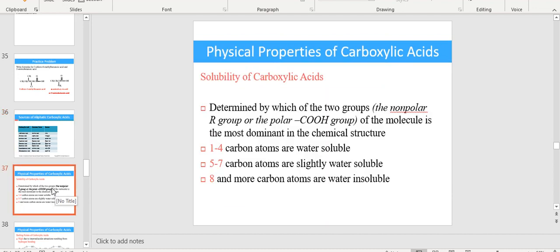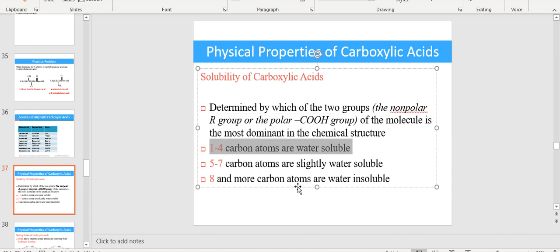What do we got here now? Again, talking about solubility, when we're talking about carboxylic acids, 1 to 4 are very soluble, and here we start getting into slightly soluble, and you see we even go up to 7 carbons for the carboxylic acid because it's so much more polar than the aldehyde or the ketone.